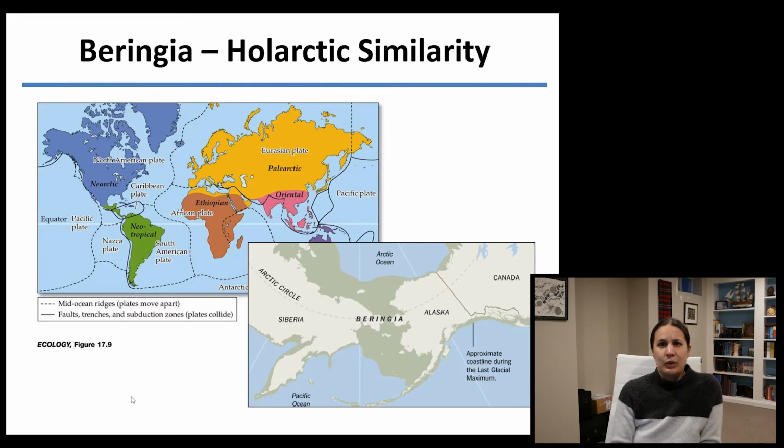So we know we have many examples of species in both regions that arrived from the other region by crossing the Bering Land Bridge. Our own species likely arrived in North America by using the Bering Land Bridge. So that is one of the reasons why there's enough similarities between North America and Eurasia that we can either separate them into the Nearctic and the Palearctic, or we can group them into the whole Arctic.